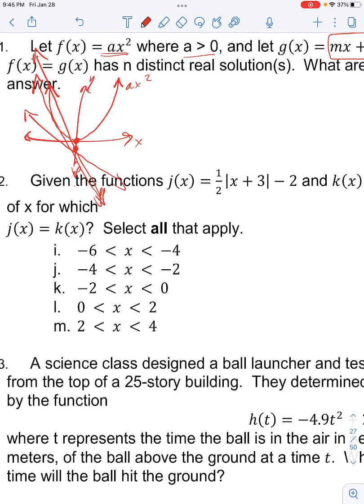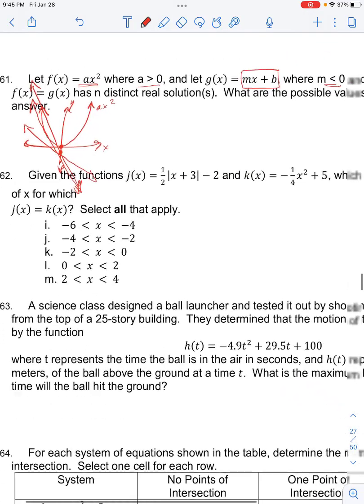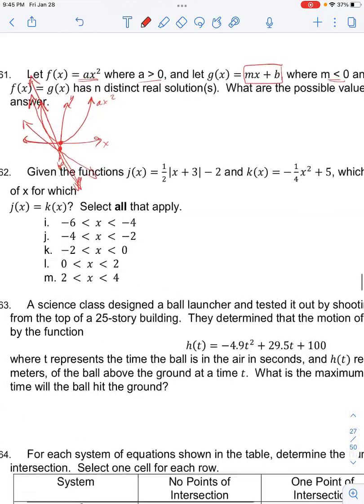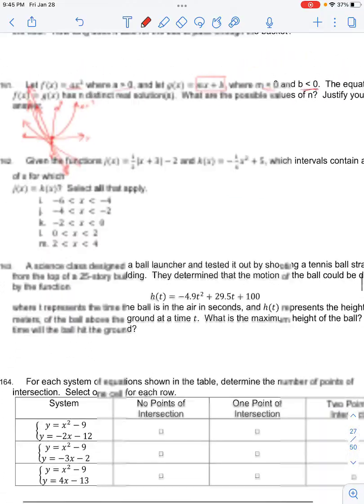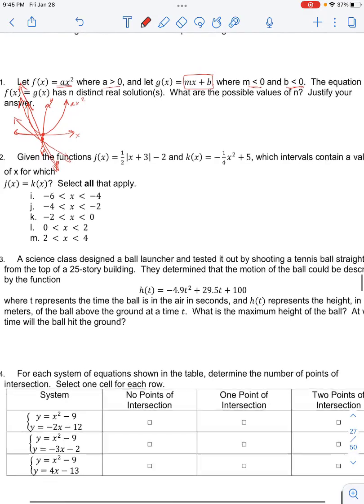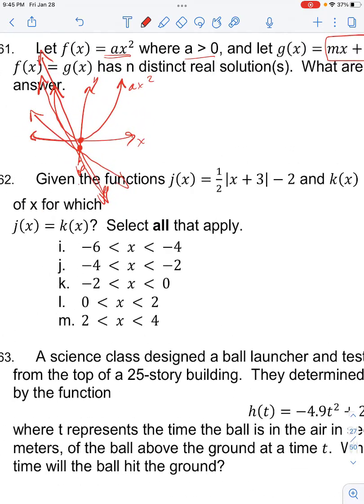But it will never be able to sit on the x-axis because our b must be less than 0. So we have n distinct real solutions. Looking at this first line that I drew, and the second, and this one's third.